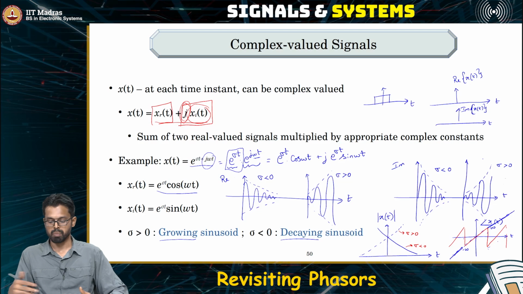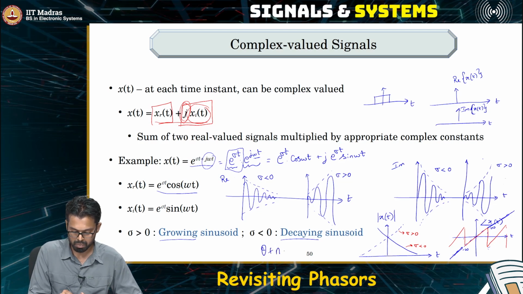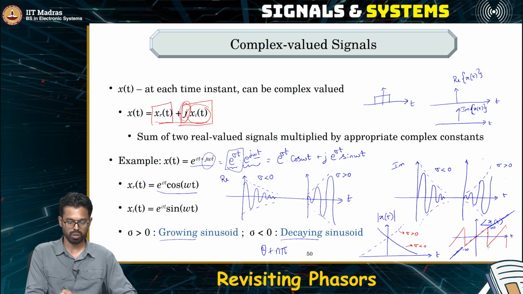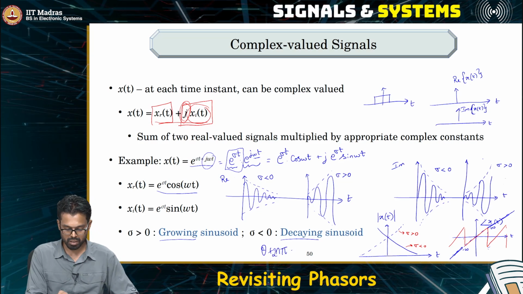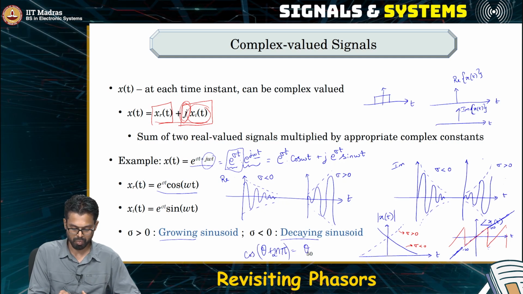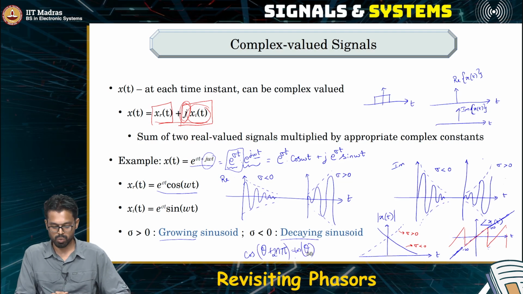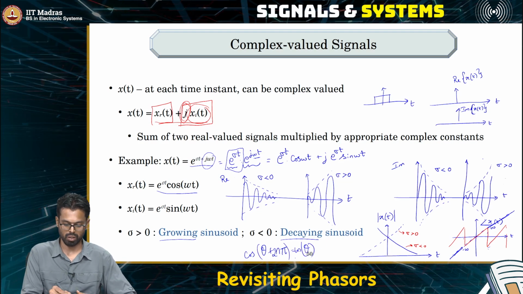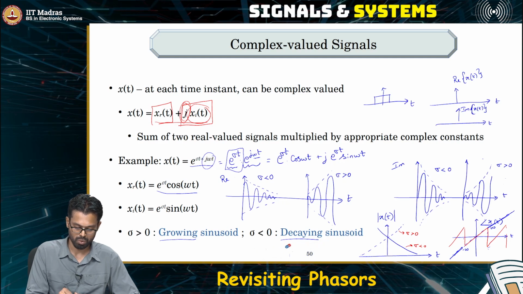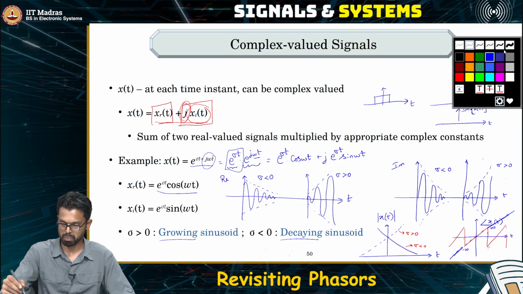So this is like saying any theta plus n pi or 2n pi is the same as having the theta when you compute cos of theta or sine of theta, right? So that's exactly the reason why we have this wrapping around of phases from minus pi to plus pi.